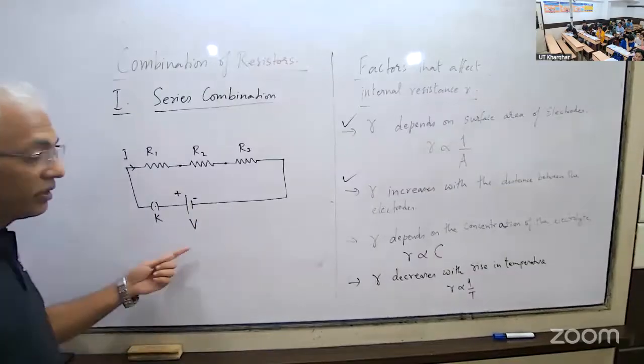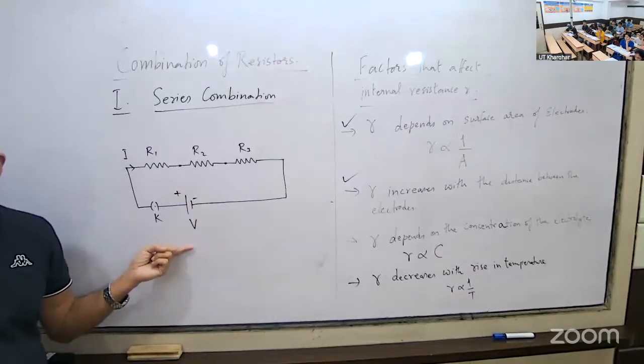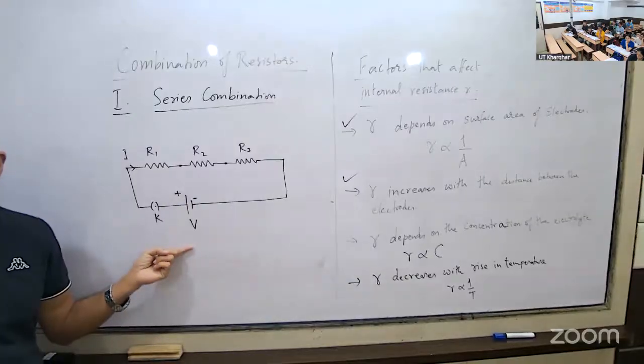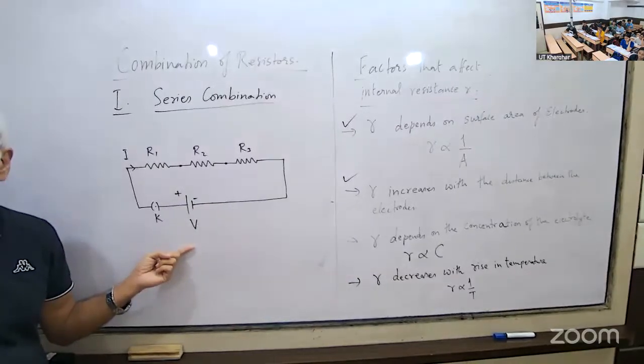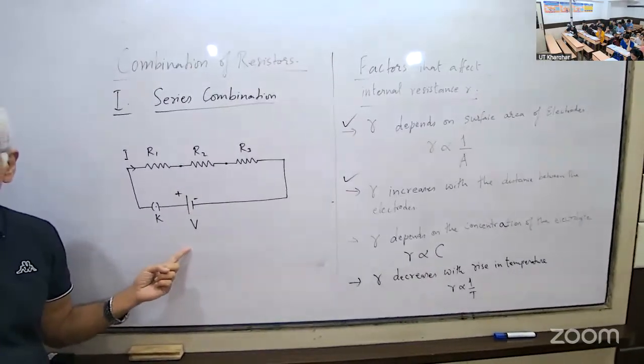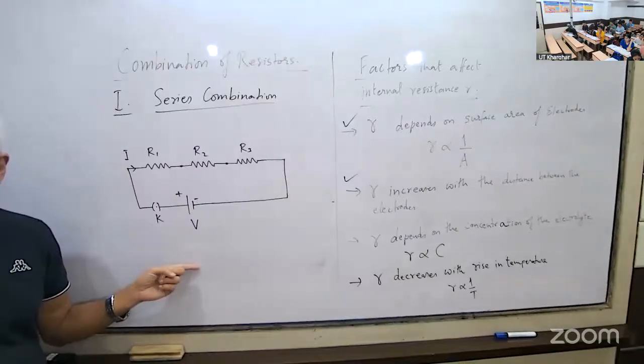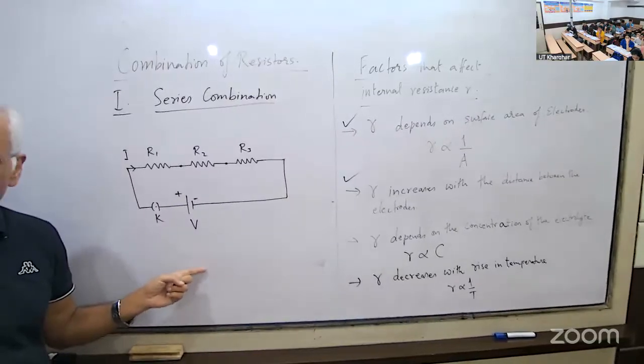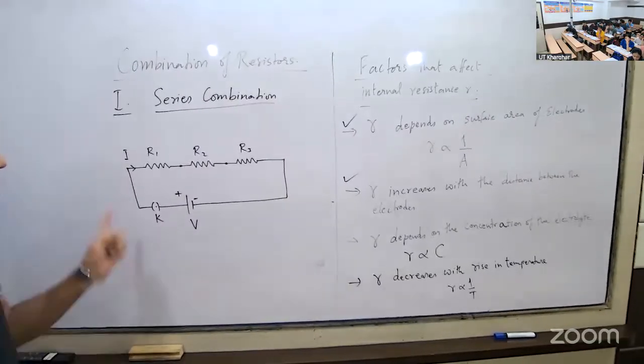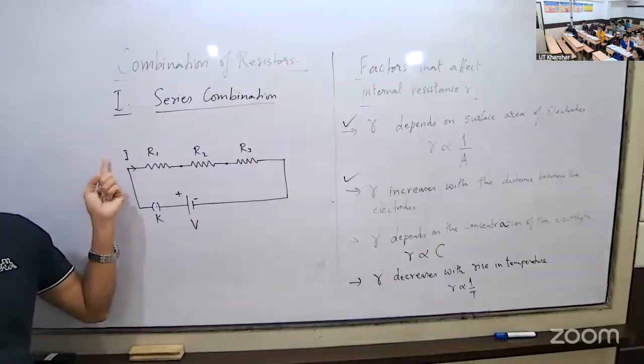And here we are writing V. So when we are writing V here, what is the internal resistance? Zero. V is equal to E because small r is zero. Is current zero? No, current is not zero.